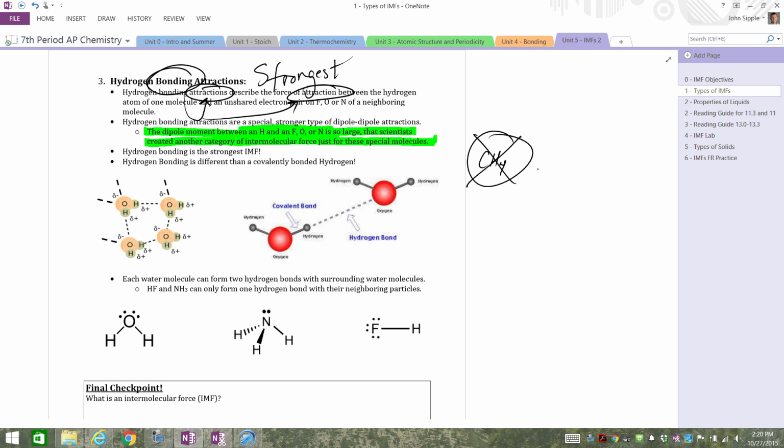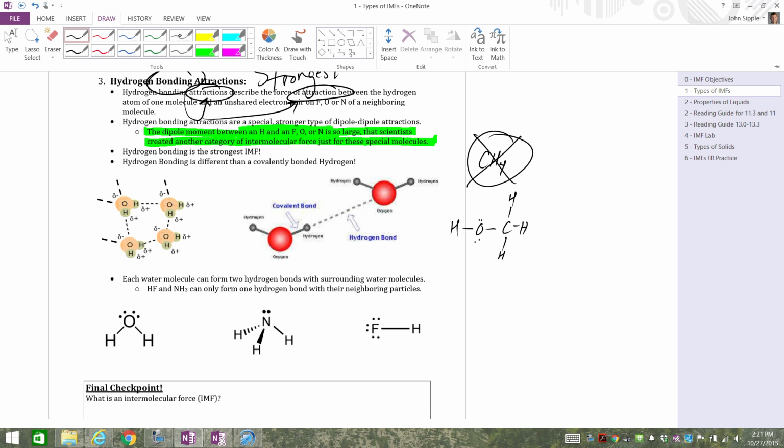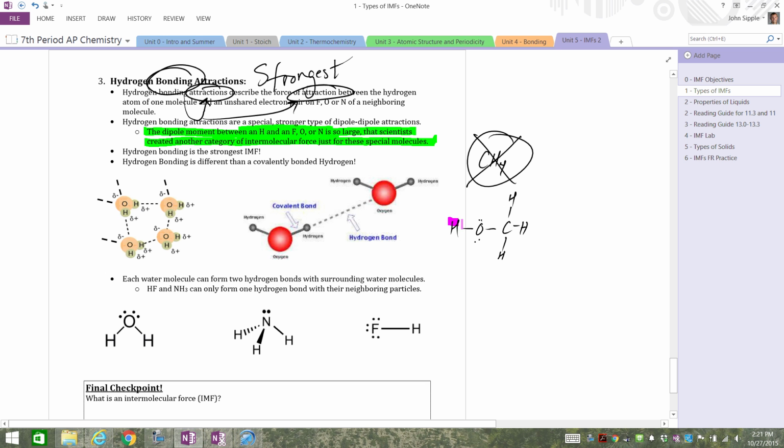For example, with CH3OH, it has four hydrogens, but only the hydrogen on the oxygen is available to hydrogen bond.